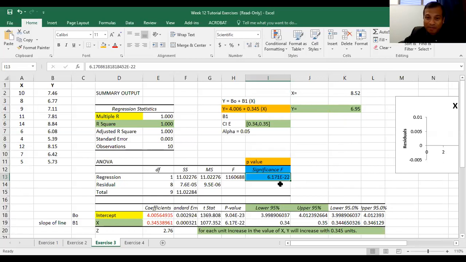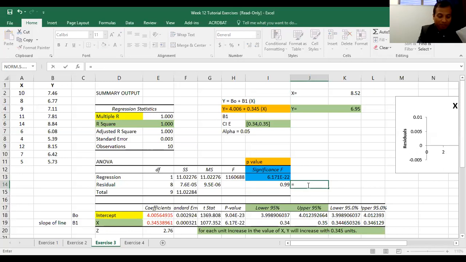Okay, suppose I'm saying this is 0.99 or 0.9, suppose 0.9. If we subtract this from 1, 1 minus 0.99, it will give you 0.01.